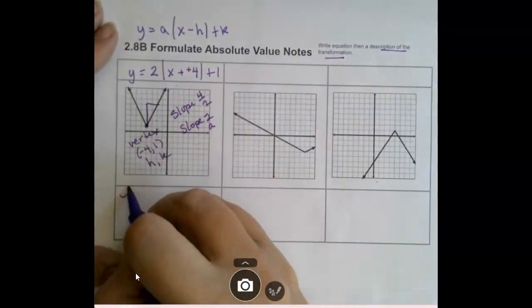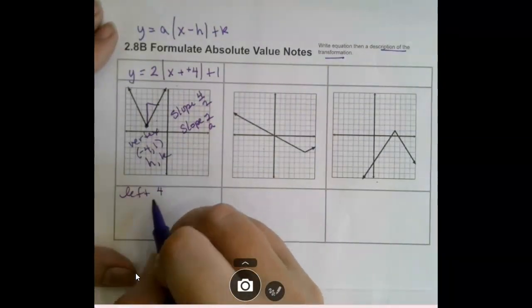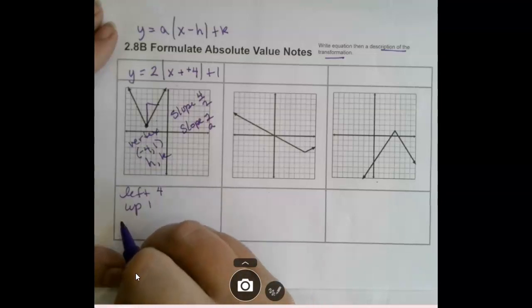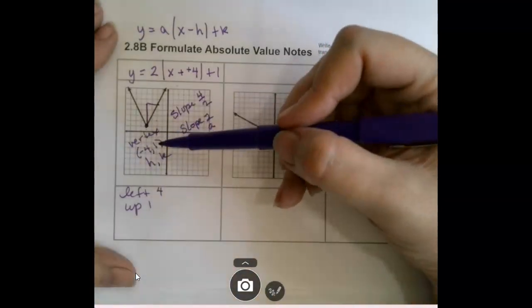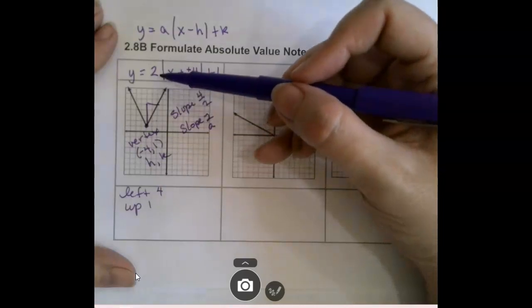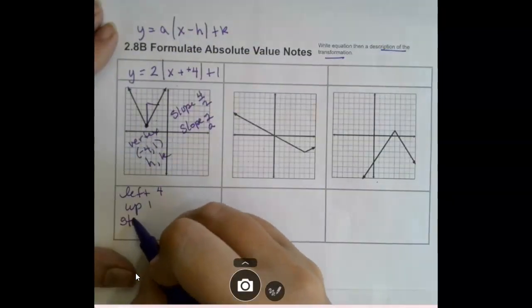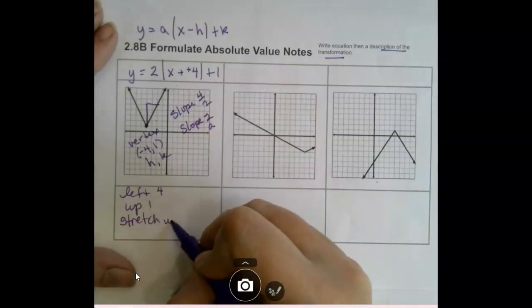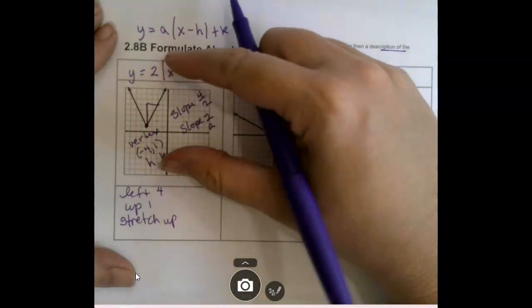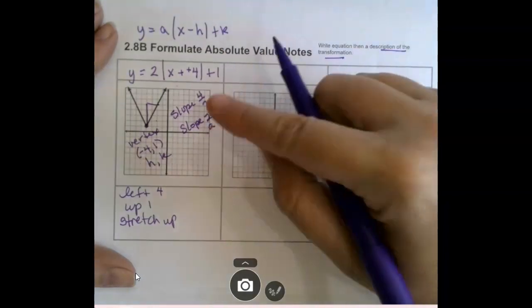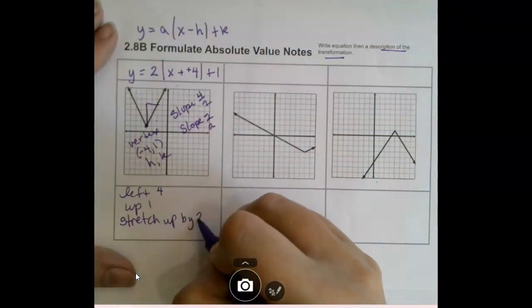It was left 4, up 1, no reflection, but this time I have a stretch, we like to call it a stretch, up. It stretched it taller by how much? By whatever our slope is, by 2.